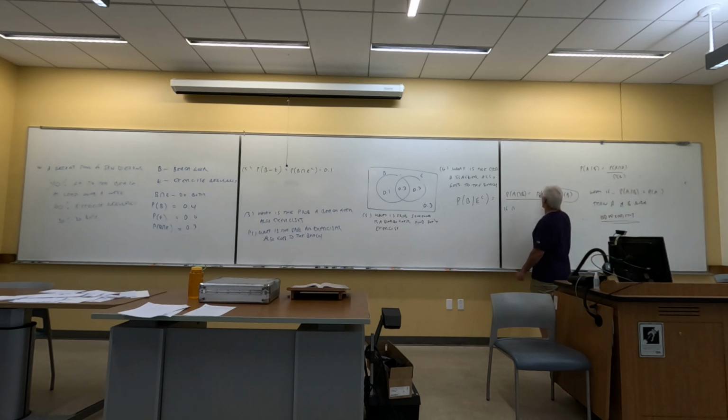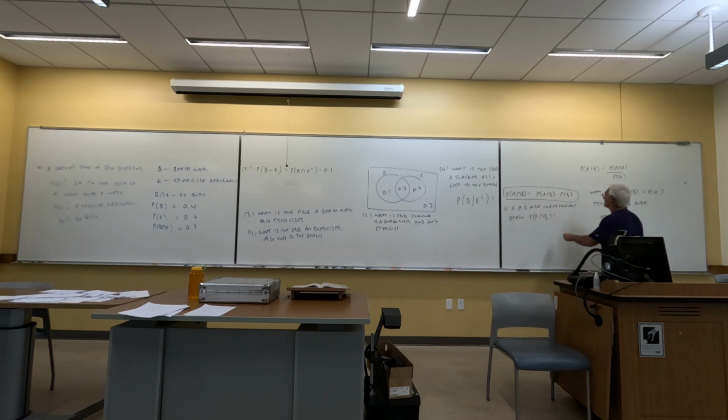This, by the way, is a formula that is always true. If A and B are independent, then tell me about the probability of A intersect B now. It would be the probability of A times the probability of B.